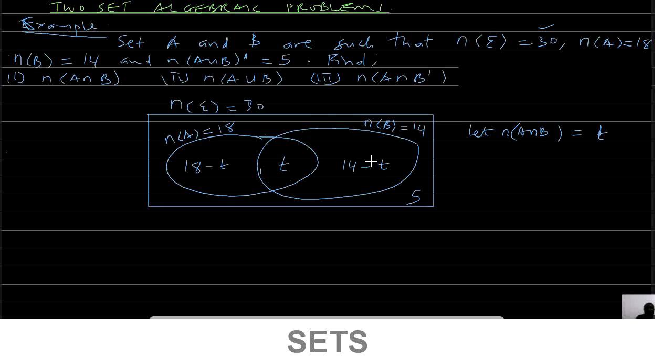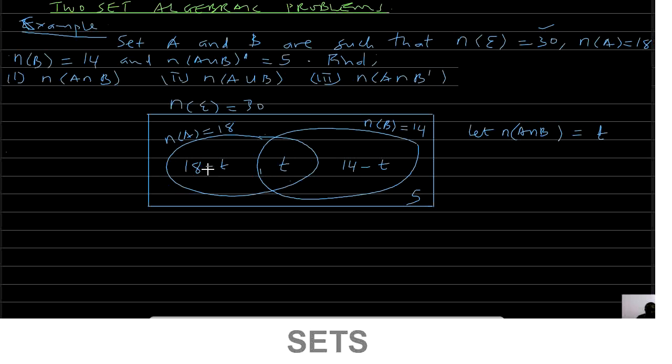Now from this we can solve an equation. When we add all the members inside here, we should come up with the universal set. So let's start adding. If I get the whole of A, it includes even this.